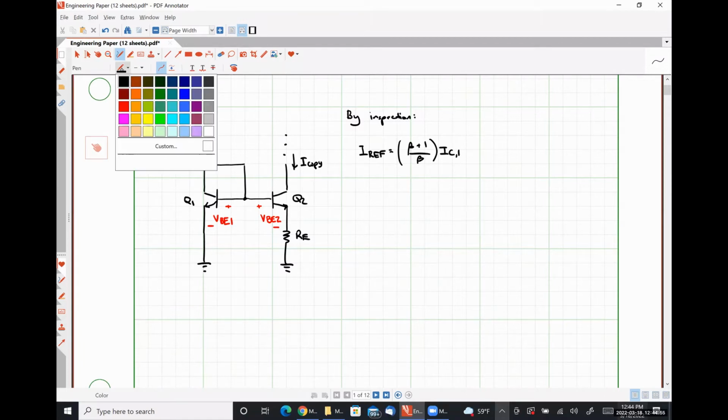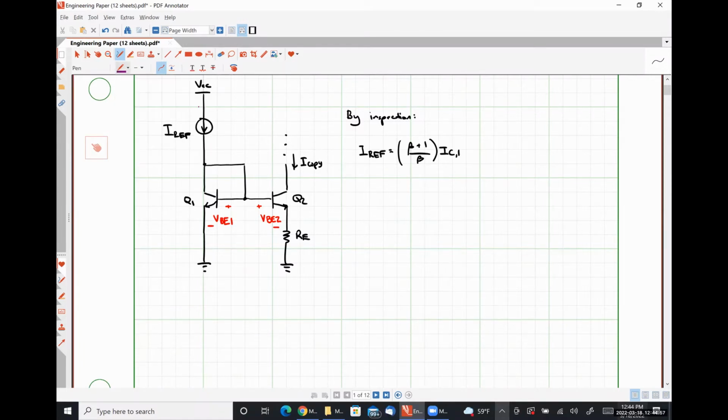And I'm going to label that current here. So let's call this guy IC1. So effectively, the reference current is IC1 plus IB1, which added together just looks like the emitter current, which is where I'm getting this relationship from. Okay.